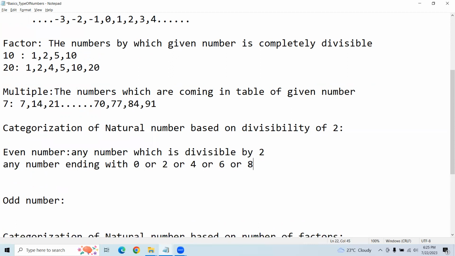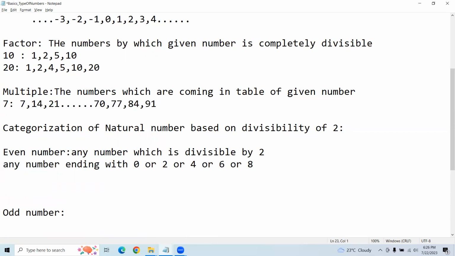If any of these digits is at the unit place, that is called an even number. We can write down 12, 14, 16, like that. It starts from 2, 4, 6; anything which ends with 2, 4, 6, 8 or 0.